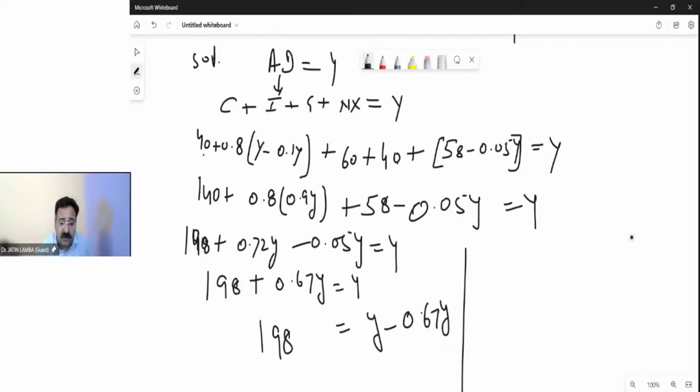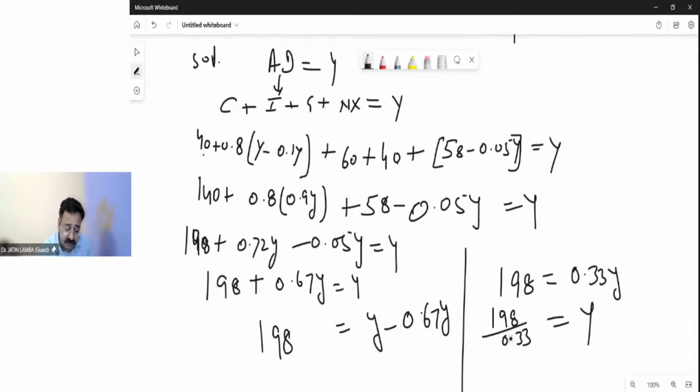Now the value 198 is equal to 1 minus 0.67, that is 0.33 Y. So what will be the value of Y? 198 divided by 0.33. It is 600. So the equilibrium level of income is 600.